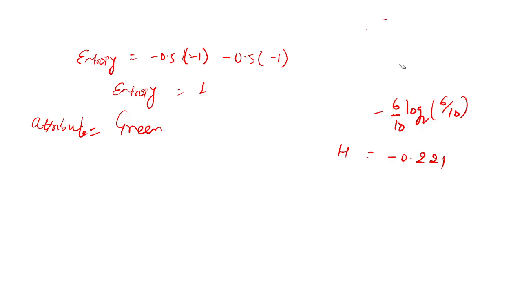Sir, we are finding the information gain, which is equal to the original entropy minus the entropy of the attributes. Just 1 minute. So first case, we'll take green.